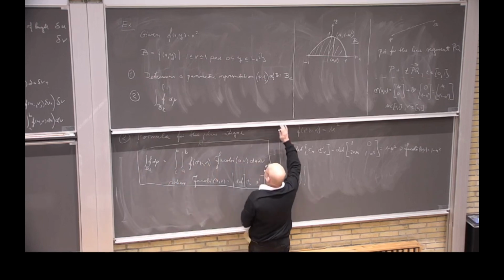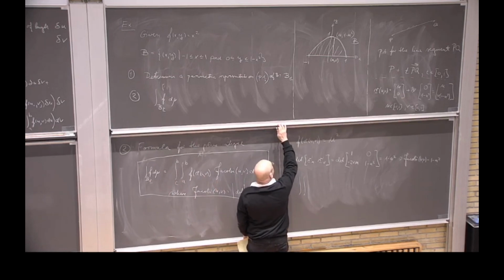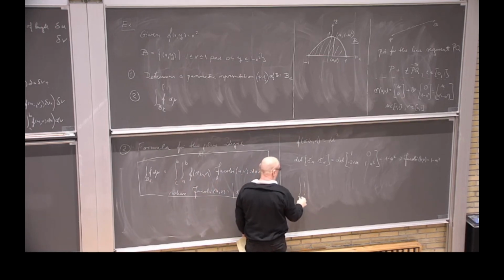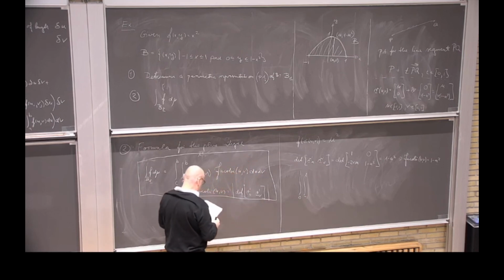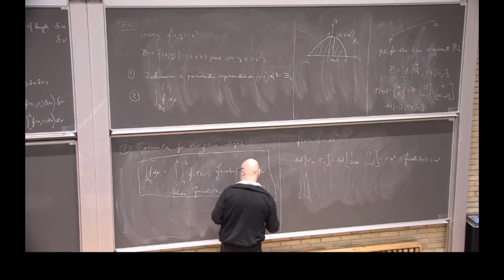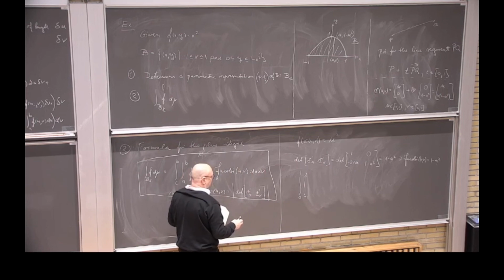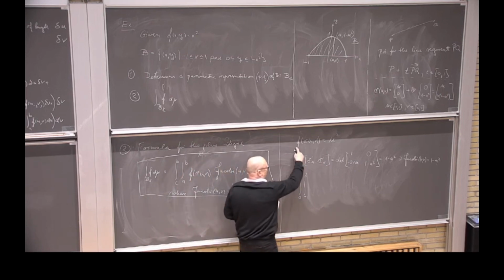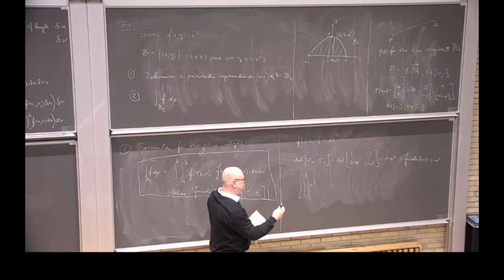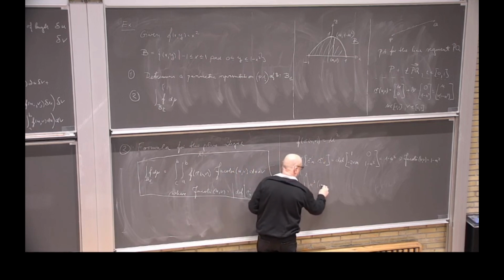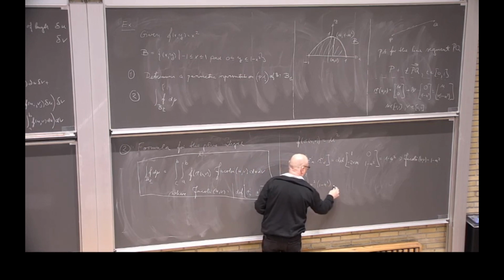It will be the integral from 0 to 1, that's the v parameter, and the u parameter is from minus 1 to 1. And then I have the mass density, which is u squared, and then I have to multiply by the Jacobian, and then du dv.